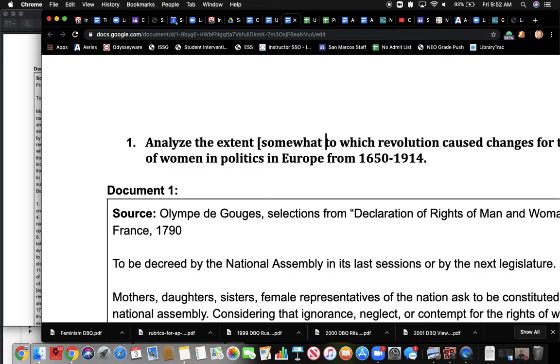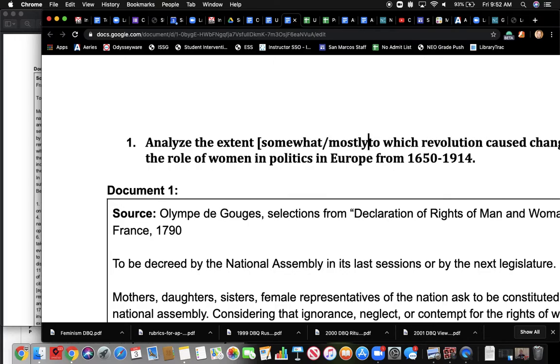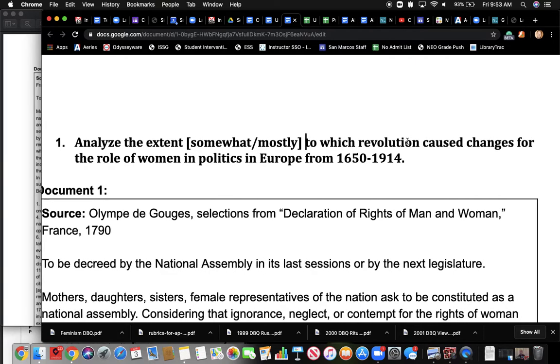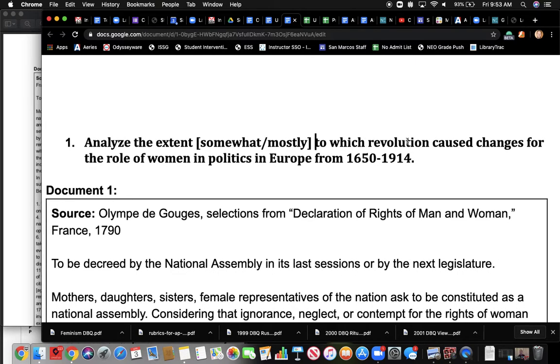So I'm going to put that here because you want to make sure that you're thinking, analyze the extent. Well, there's going to be a mostly answer to this, and there's going to be a somewhat answer to this. So analyze the extent to which revolution caused changes for the role of women in politics in Europe from 1650 to 1914.